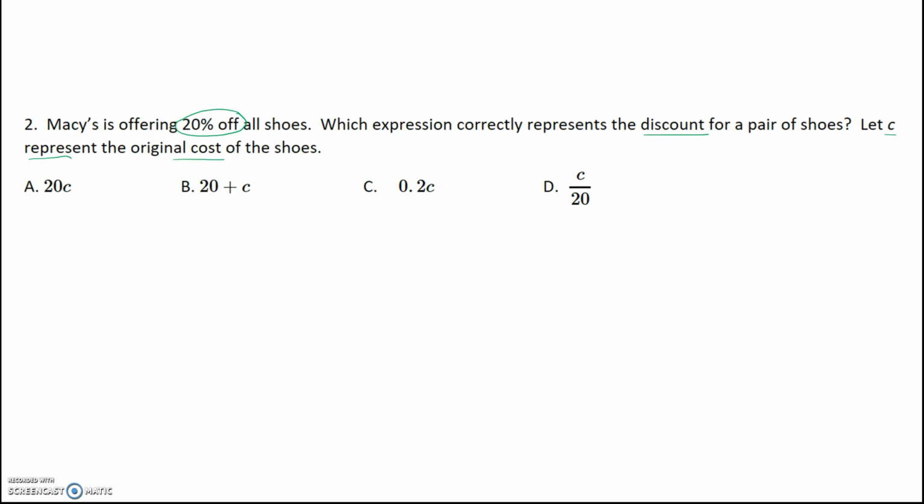In this situation, you do need to remember our decimal percent conversions. If it is a percent, we're starting over here by the P, and we need to get over here to the D, so we're going to go 2 places to the left to change it to a decimal. That should help you choose the appropriate equation.